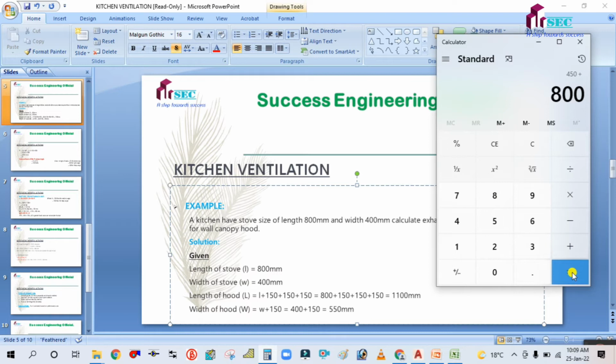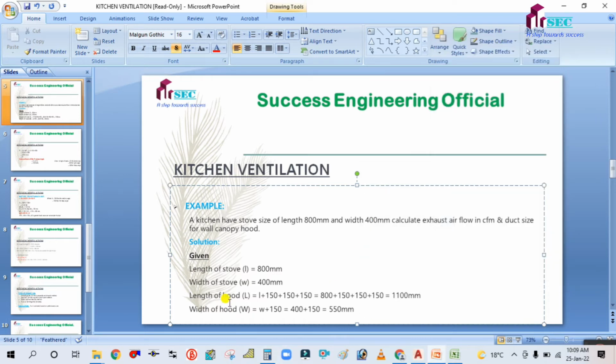No, it's wrong actually. We are calculating the length of the hood, so for the length there are only 2 sides. And if you are calculating the width, then it will be three sides. In the lengthwise direction it is only two sides, because, for example, this is the length.